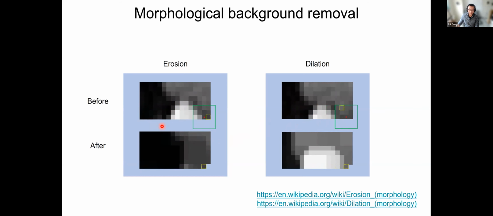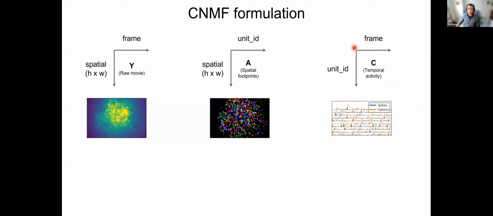So we assign the letter Y to represent the raw movie, which is basically a 2D matrix of the raw movie, and each row here represents a single pixel in the movie. We assign the letter A to represent the spatial footprint of cells, where each column here is the spatial footprint of a single cell. And we assign the letter C to represent the calcium activity of cells, where each row represents a single cell.